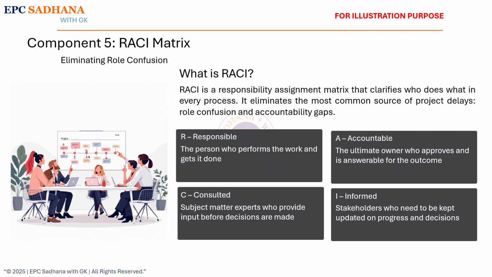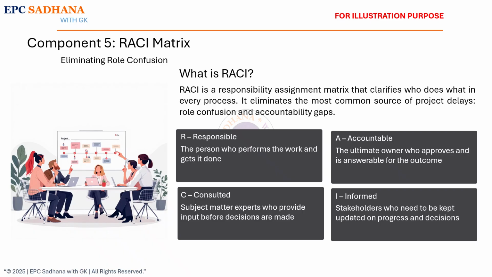Where do EPC teams fail? When the project manager assumes QS will do it, QS assumes billing will do it, billing assumes planning will check it, and the result is work gets stuck in the cracks. So what is the takeaway? Clarity of roles is clarity of outcome.